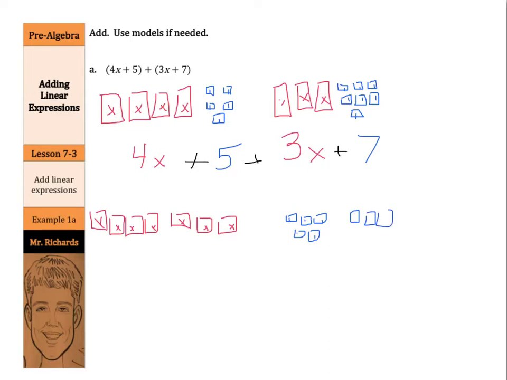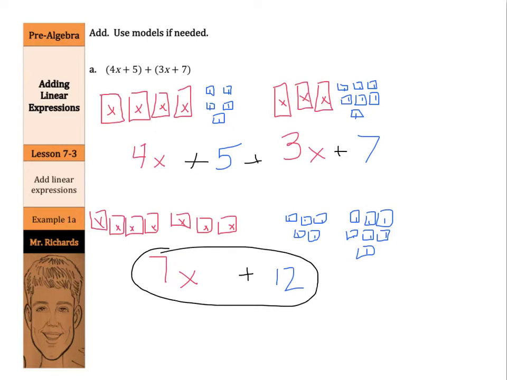Each of those are also 1 again. So what do I end up having? 1, 2, 3, 4, 5, 6, 7 x's plus 12 constants. So 7x plus 12 is my simplified expression.